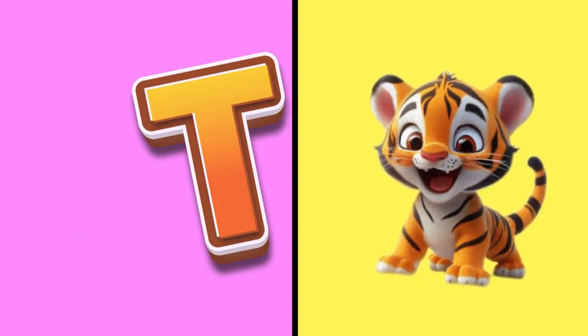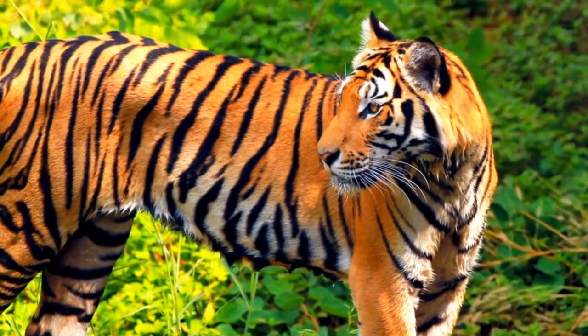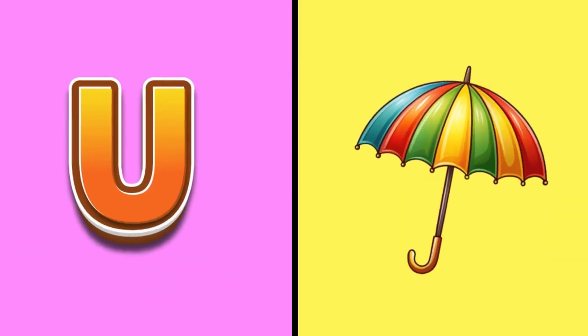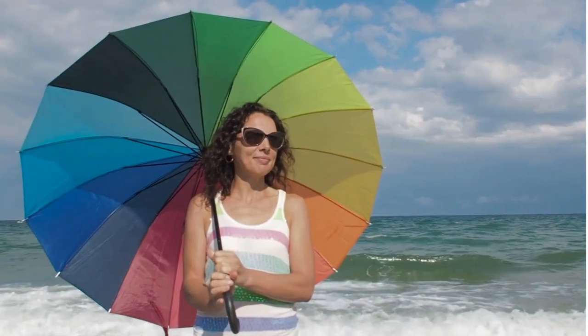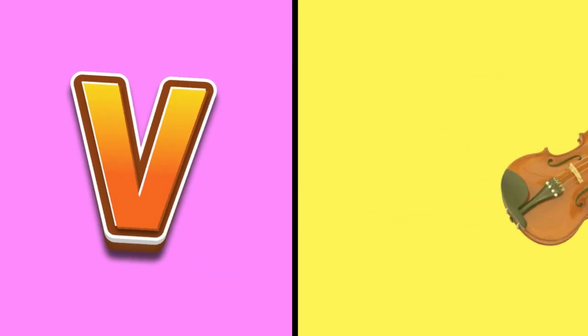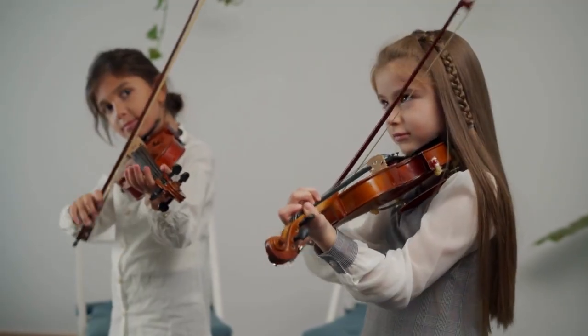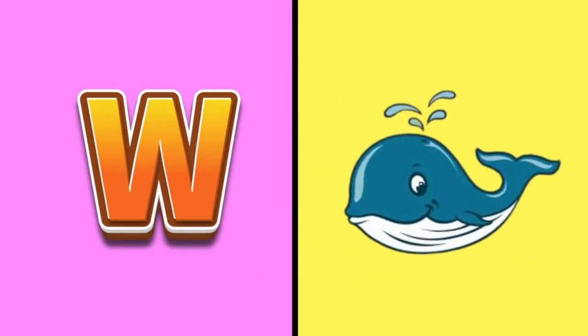T is for tiger. Tiger, tiger. U is for umbrella. Umbrella. V is for violin. Violin, violin. W is for whale.